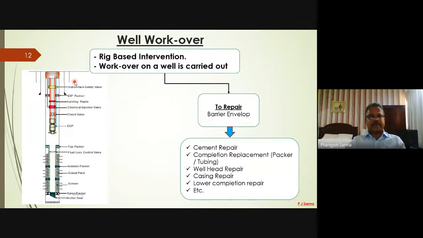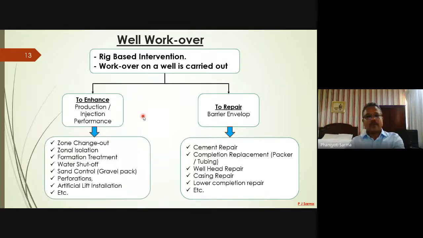Some leak has happened in the wellhead, so this needs to be rectified. Then casing repairs, even lower completion repairs. These are the activities done with the help of the workover unit to repair and maintain the health of the well. So the workover can be classified into two main objectives. One is to enhance the production or the injection performance. The other is repairing.